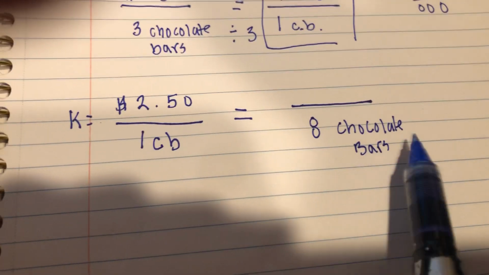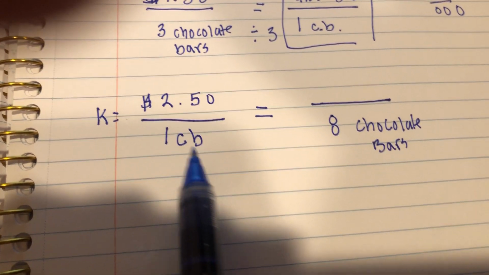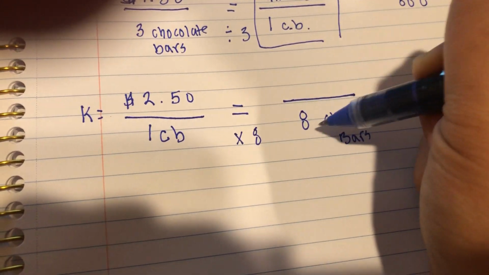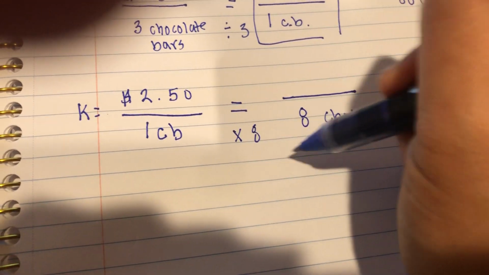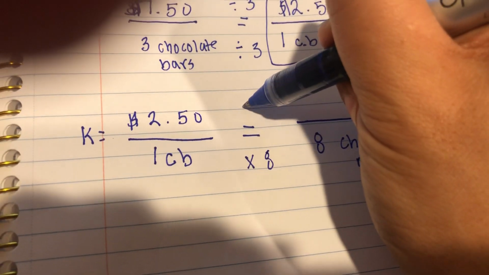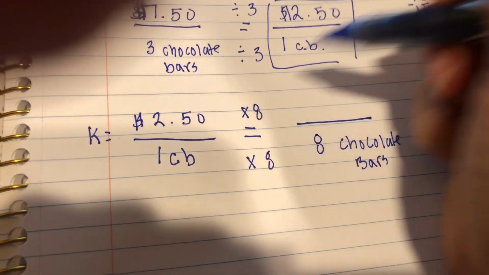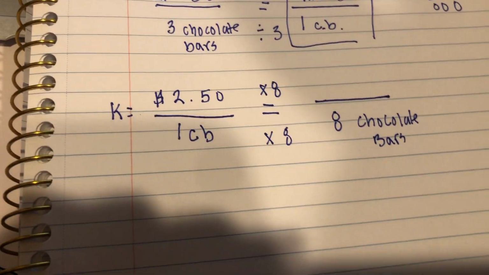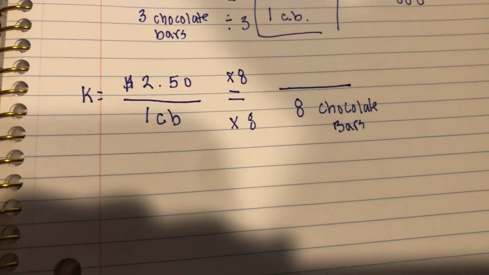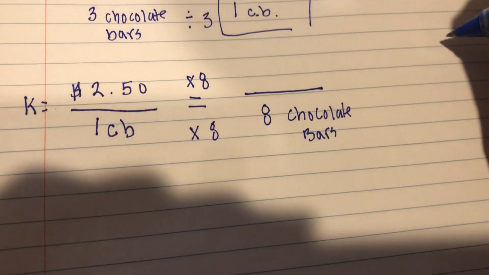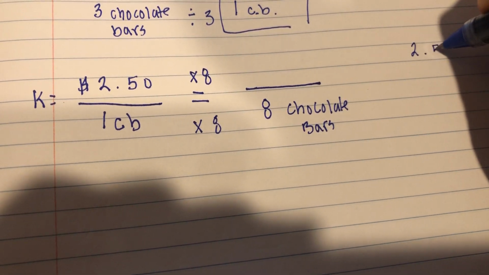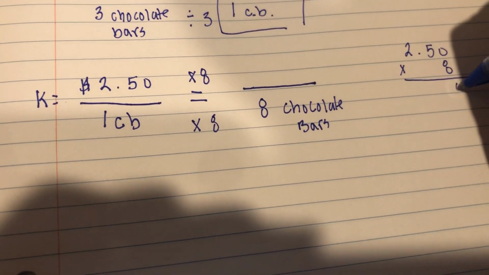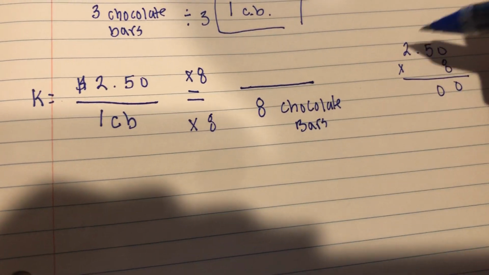Okay, so using this proportion, if I want to get from 1 to 8, my scale factor is 8, because 1 times 8 is 8, which means I have to multiply the numerator also by 8. So what's 2.50 times 8? Again, if you want, you could use the calculator. You also can quickly multiply. 5 times 8 is 40.